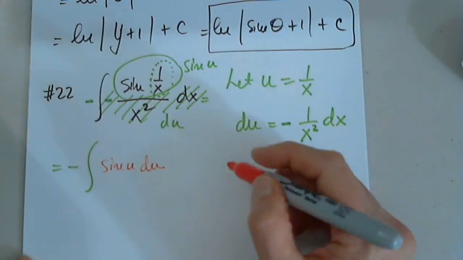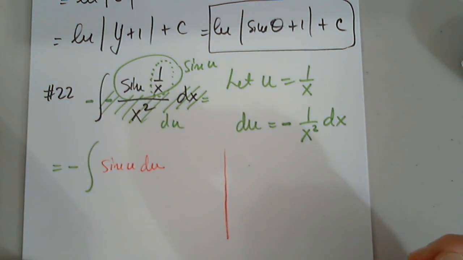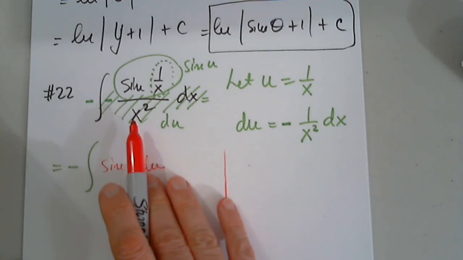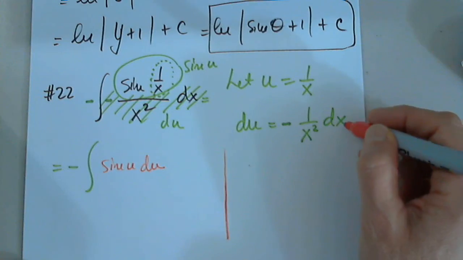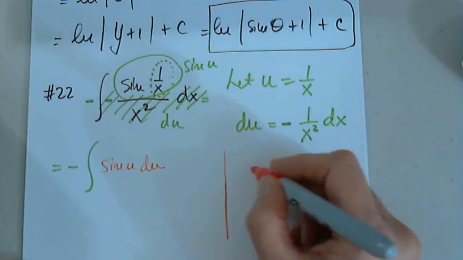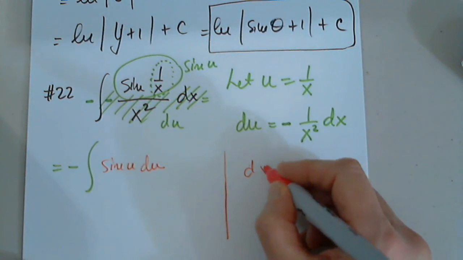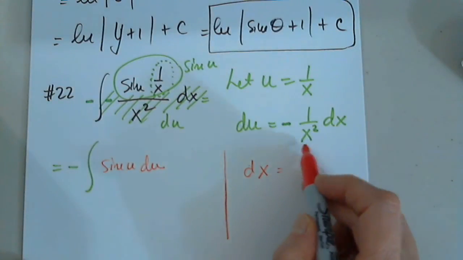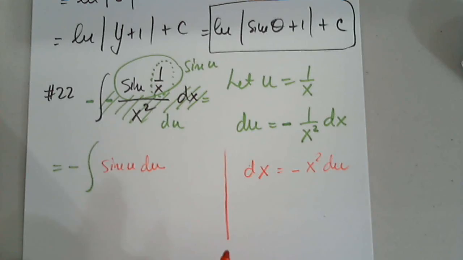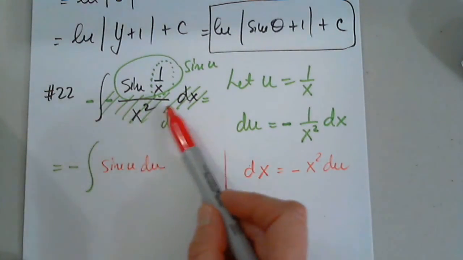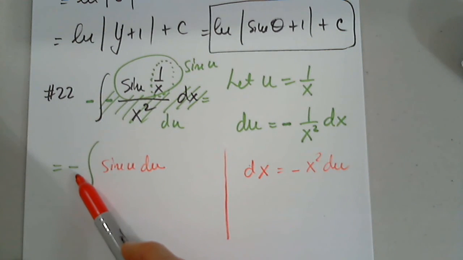Now, here's a different possibility. If you don't want to do that, which I think is the easiest, but it doesn't matter, solve this equation for dx. So that's what I wanted to show you. Dx equals negative x squared du. And replace it as negative x squared du. You will simplify, you will get the same thing.